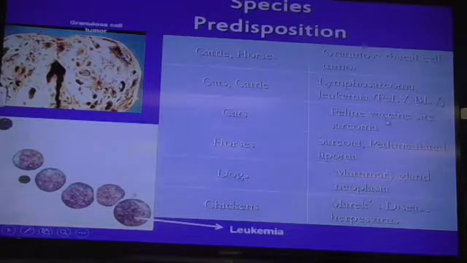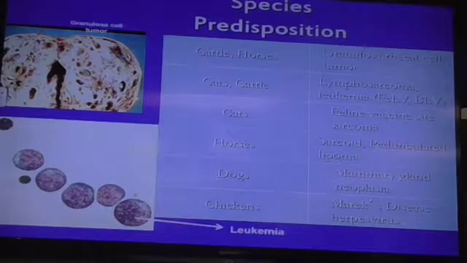Cats get feline vaccine site-associated sarcomas. It's a pretty big deal because fibrosarcomas in general are very infiltrative and hard to remove. Even if they're not that aggressive, the fact that they're very infiltrative makes them a little dangerous, which is why we stopped giving cats their vaccines between their shoulder blades.